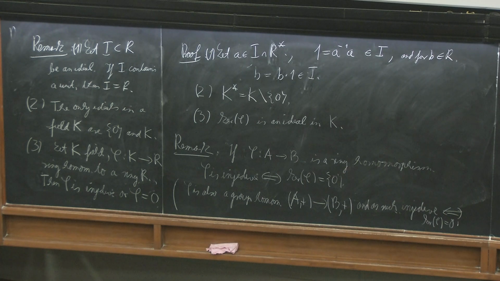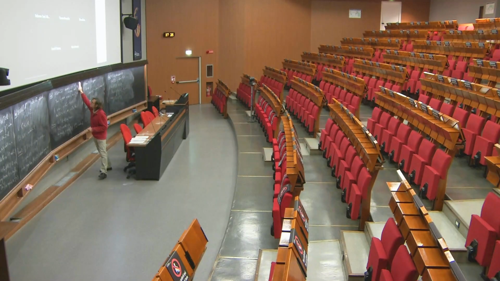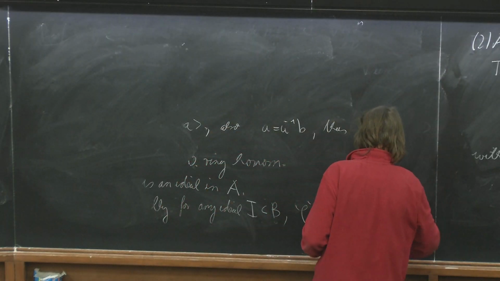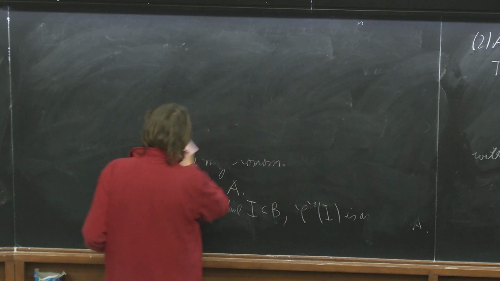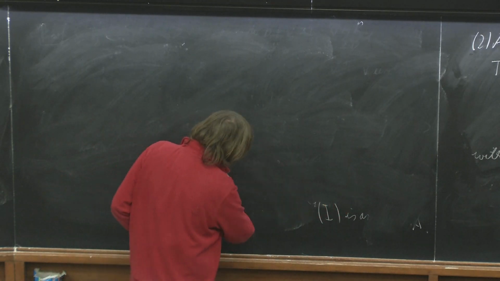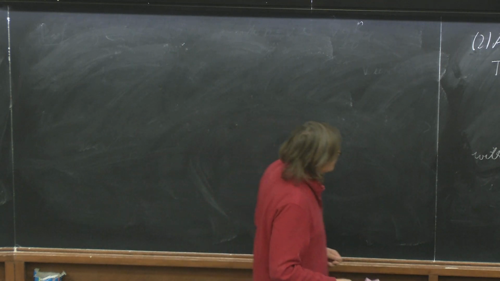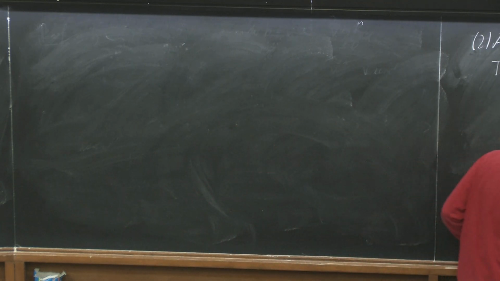Okay, so I can maybe briefly introduce the quotient. Like normal subgroups in a group, you can also divide a ring by an ideal, and you still get a ring.